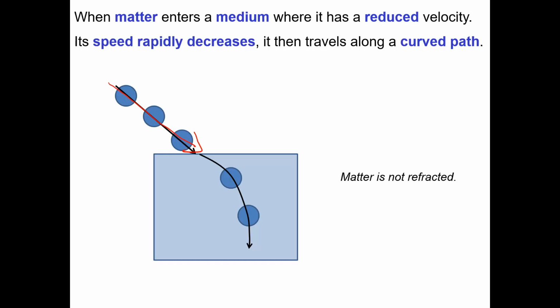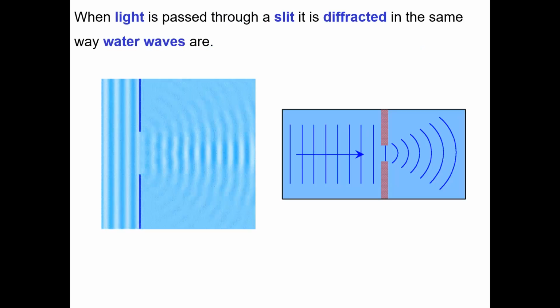When they hit a medium that causes them to slow down, they start traveling on a curved path. This is very different behavior from what waves do. So refraction is an important experiment in providing evidence that light is waves.